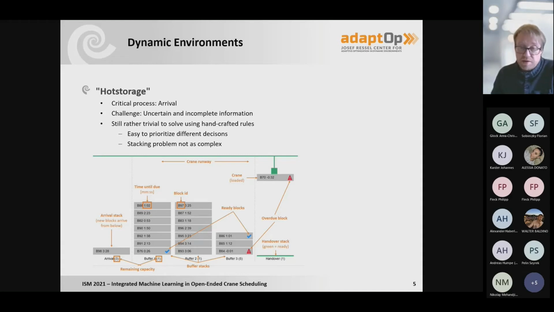So that's kind of a transport that is available, and a crane that moves from the arrival stack to the handover stack. So that's a very simple model. Still, the real model is more complex with more cranes and more handovers and different types of handovers, and of course the properties of these blocks are in the real world much more complex, even including a temperature and such. So this is not included in this model. It's still kept quite simple.